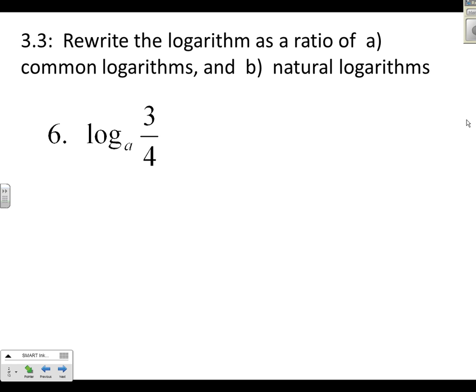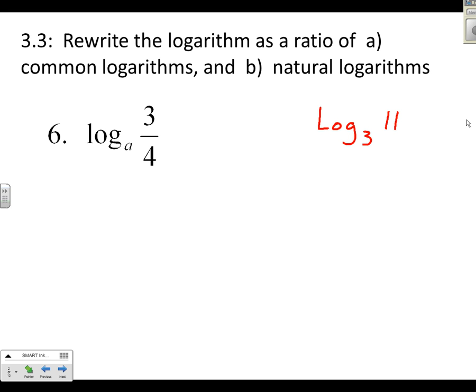So if we were trying to find, for instance, the exact value of log base 3 of 11, I know this is the exponent that turns 3's into 11's, and since 3 to the second is 9 and 3 to the third is 27, this should be some number between 2 and 3, but I don't know the exact value.